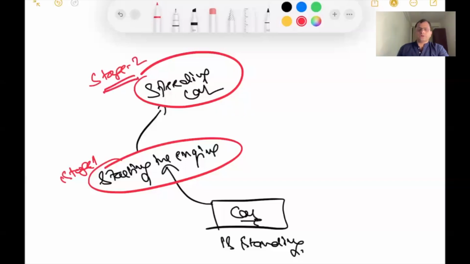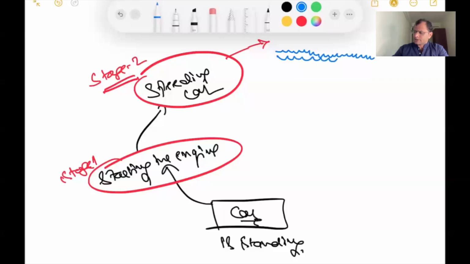Then the car will reach the maximum speed after a certain limit. Then again, for some time, like when we are on the highway, we are at the maximum speed. Then the car will be at a stable speed for some time.